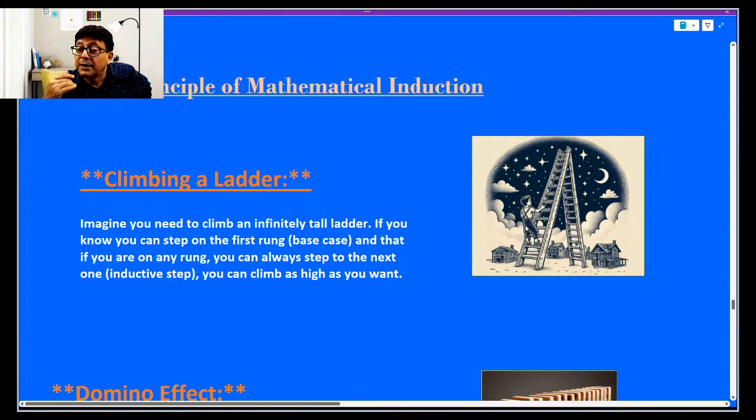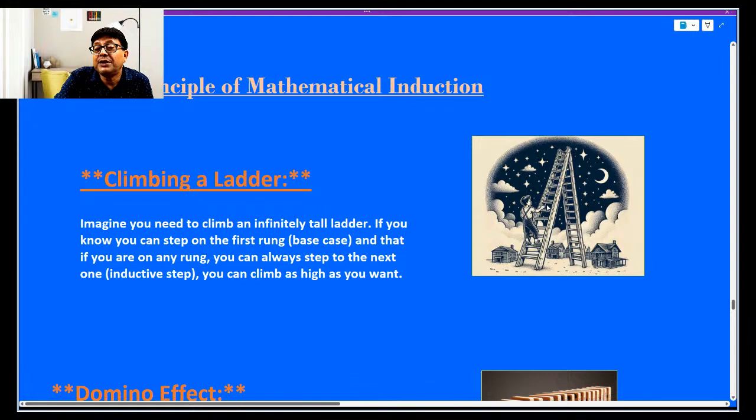Then you can go for the next one, next one, next one. But if I can state that you are on a particular rung and then you can move to the next rung, next step, then I can say that you can climb as high as you want. Because when I am saying arbitrary, it may be anywhere on the stair.